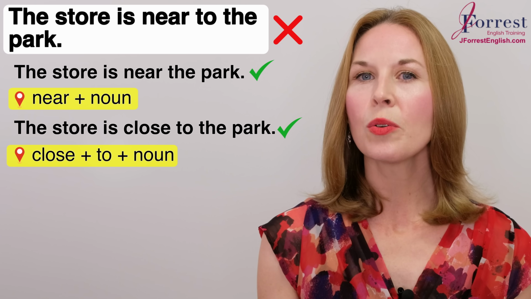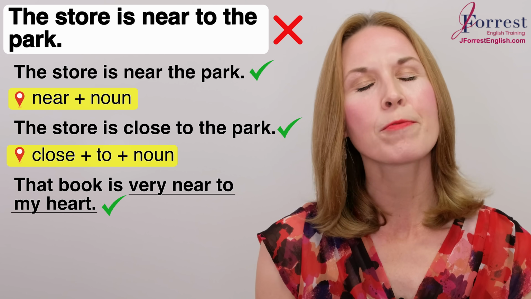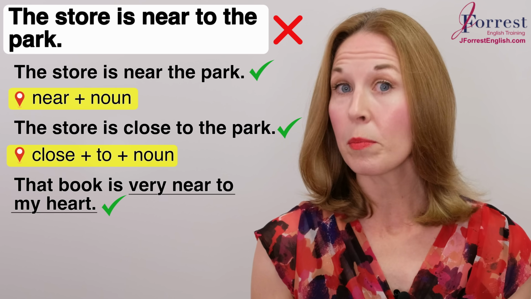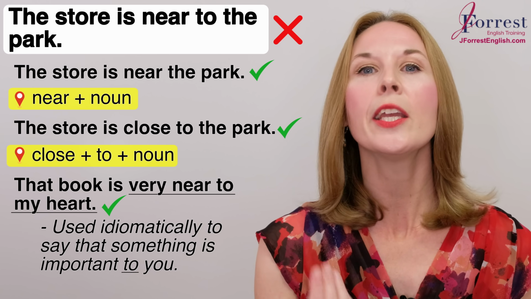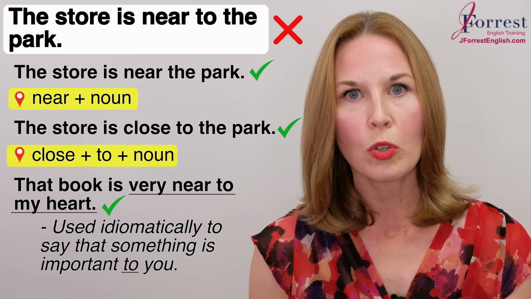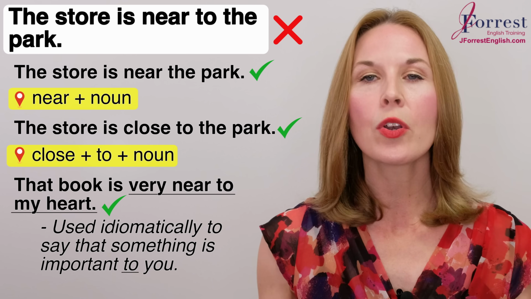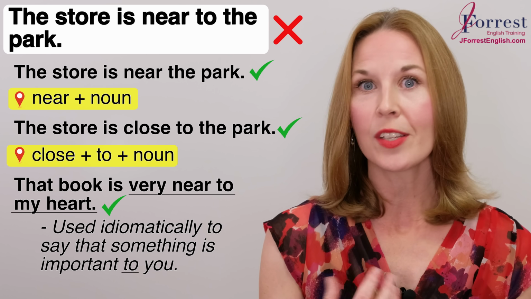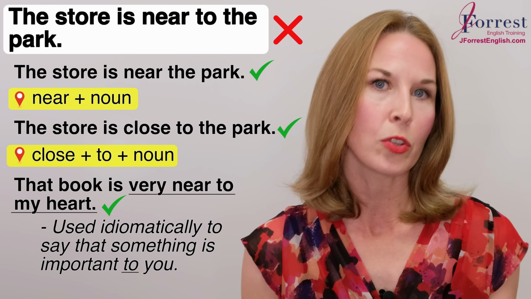What if I said to you, that book is very near to my heart? You may hear this sometimes. This is used idiomatically to say that something is important to you. But idiomatically, we're not talking about proximity of locations like the store is near the park.